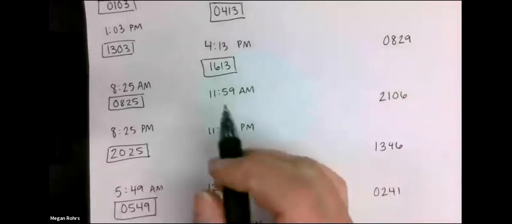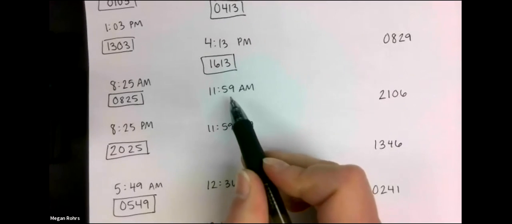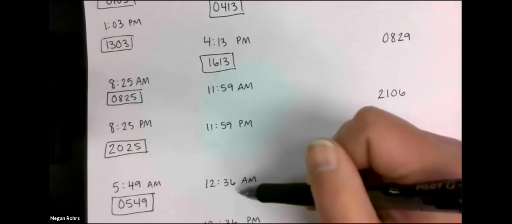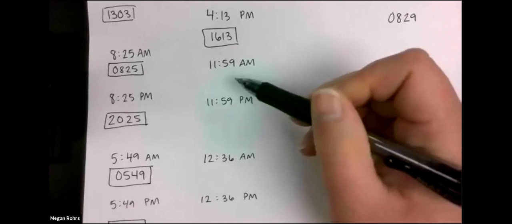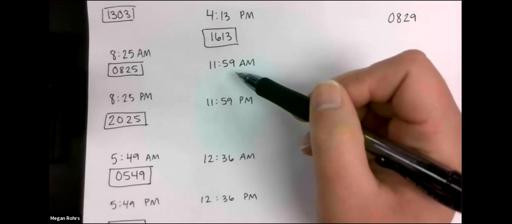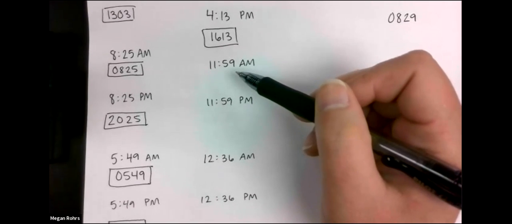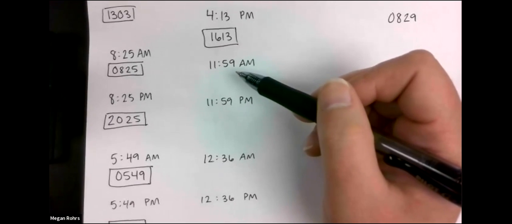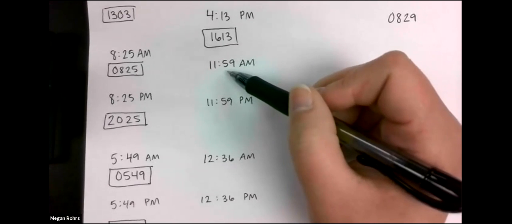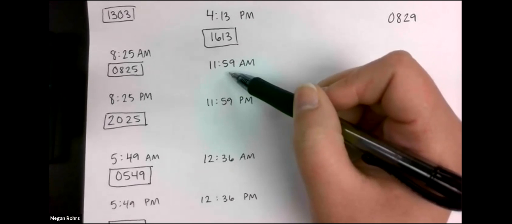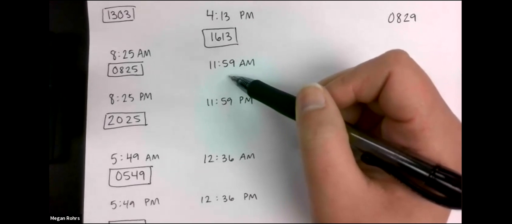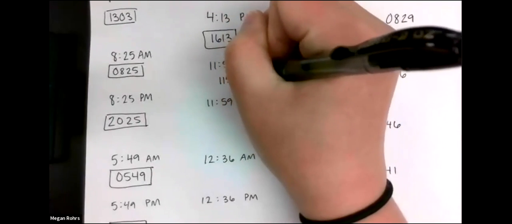Now, 11:59 a.m. Be really careful when we're looking at 11 and 12, okay? Look at your rules here. So remember, all the way up to 12 a.m. So for example, 11:59 a.m. still going to look the same. 11:59.